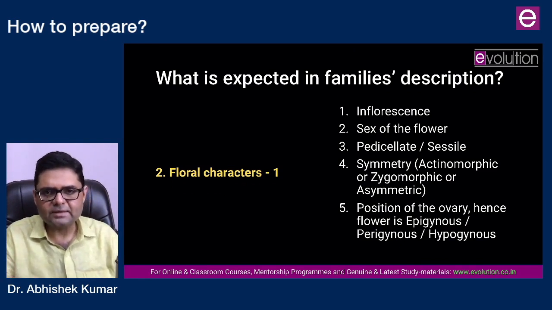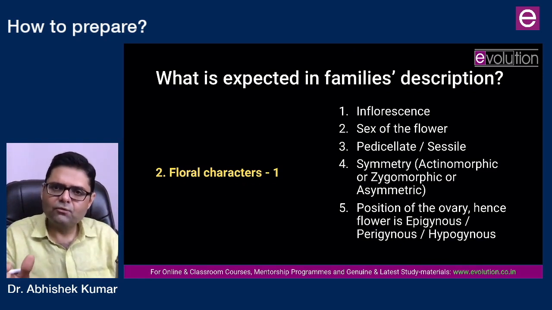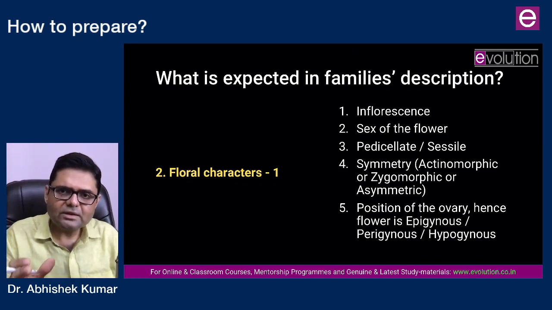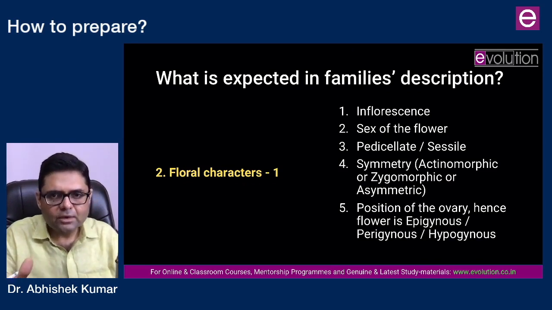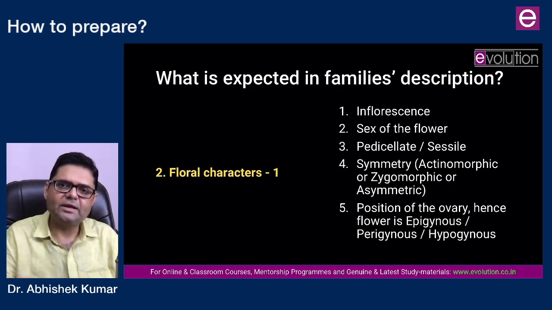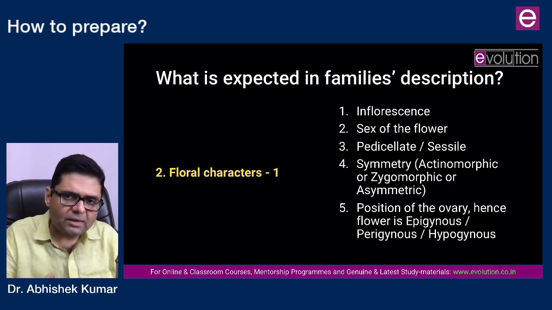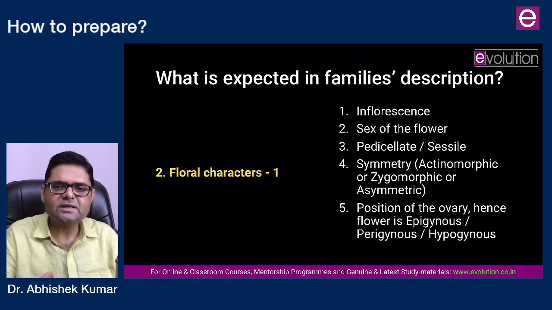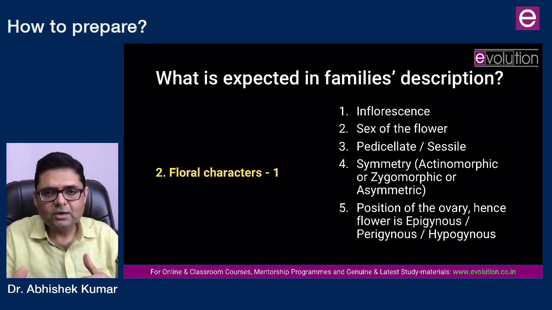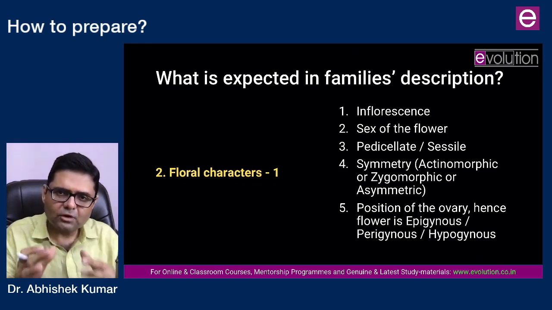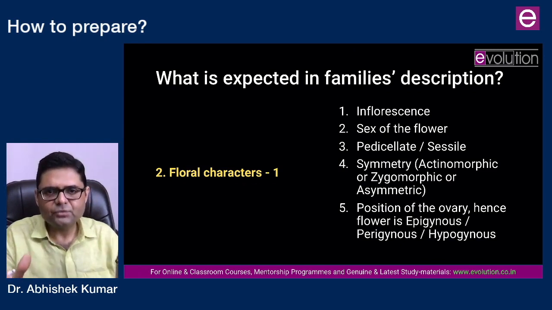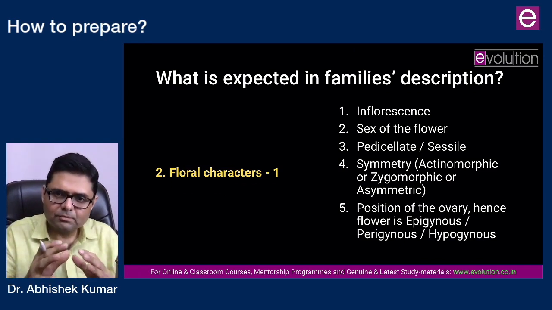So why do that? Come straight to the floral characters. The question in the examination is very clear that you have to give the floral description of a family. And even when they ask you to compare two angiospermic families, they ask you to compare on the basis of floral characters. So floral characters are the thing you have to master.